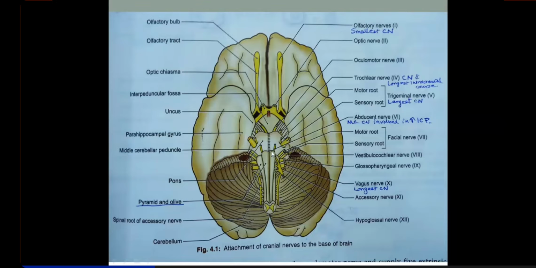Then between the pyramid and olives, lateral to the pyramids, the sulcus is called the anterolateral sulcus. The anterolateral sulcus provides origin to the rootlets of the hypoglossal nerve, the 12th cranial nerve, which join to form the 12th cranial nerve from multiple rootlets. So the 12th cranial nerve arises from the anterolateral sulcus of the medulla oblongata, upper portion.